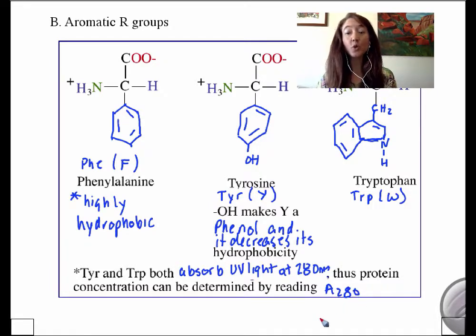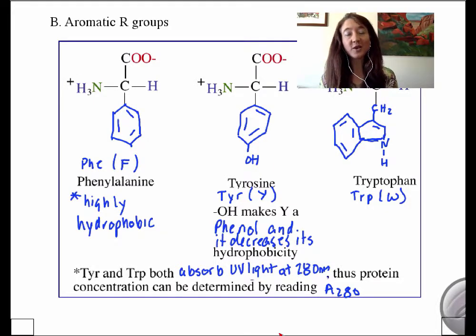Now, this is super applied. So say that you're working with a protein and you want to isolate that protein from a particular organism, a particular cell. Perhaps you lyse that cell, it releases its proteins, maybe you're able to partially purify the protein through dialysis, and then maybe you use some sort of chromatography to purify that protein further, and you want to know the concentration of the purified protein.